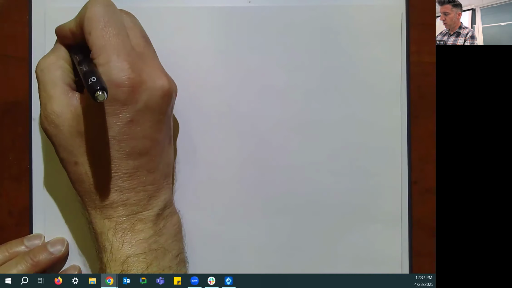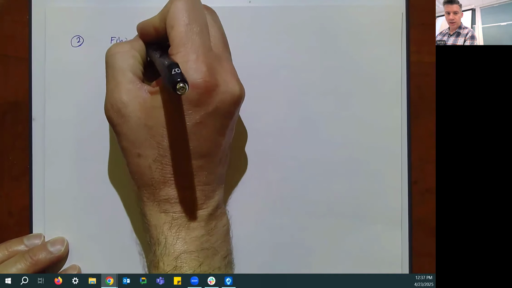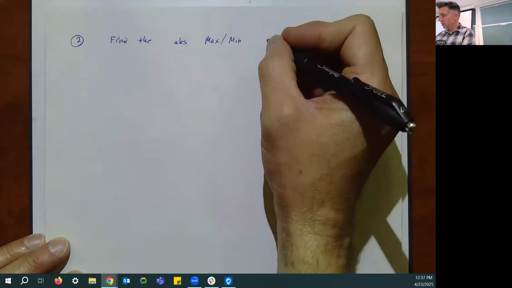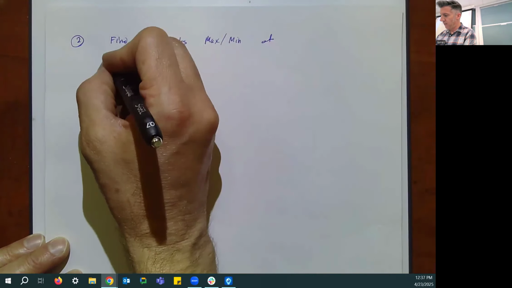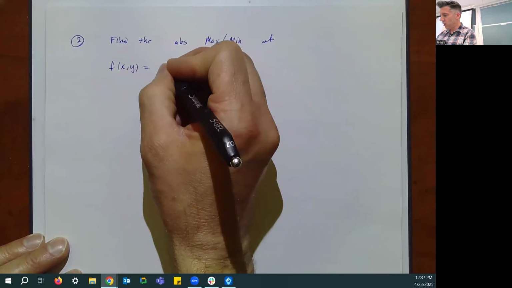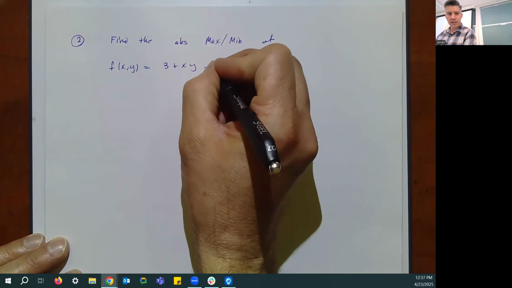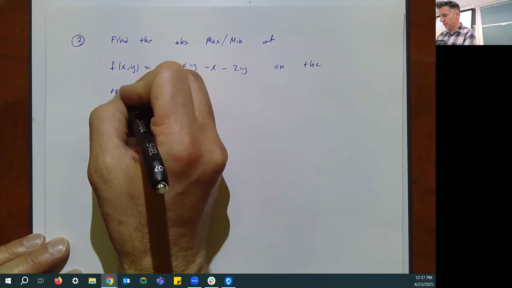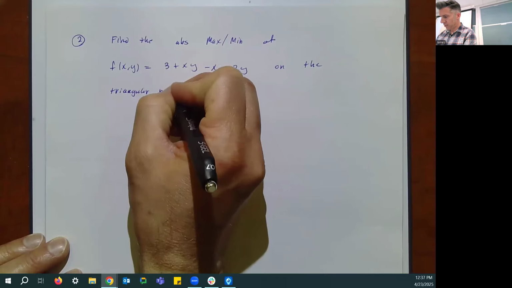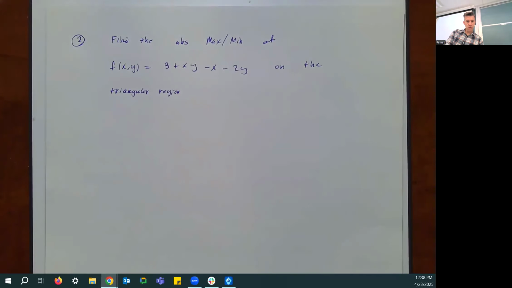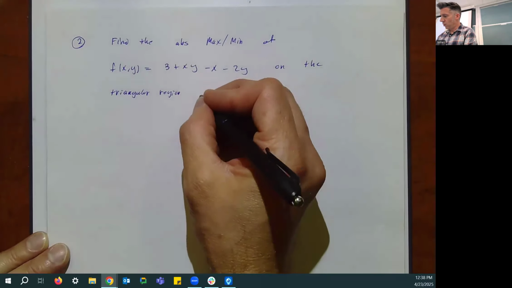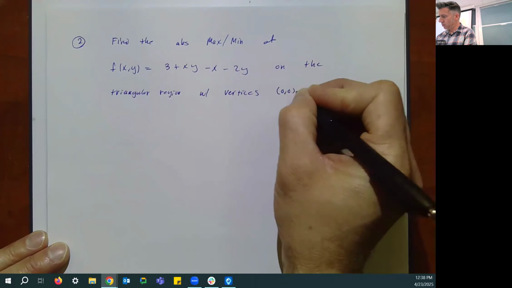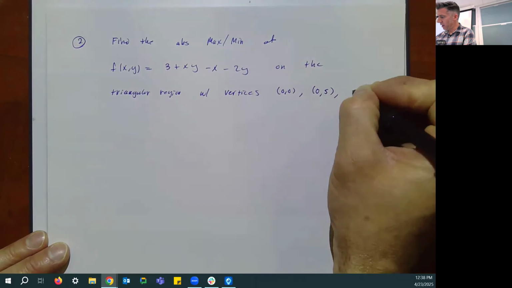So we want to find the absolute maximum and minimum, or we could just say absolute extrema, of the function f of x comma y equal to 3 plus xy minus x minus 2y on the triangular region with vertices (0, 0), (0, 5), and (5, 0).